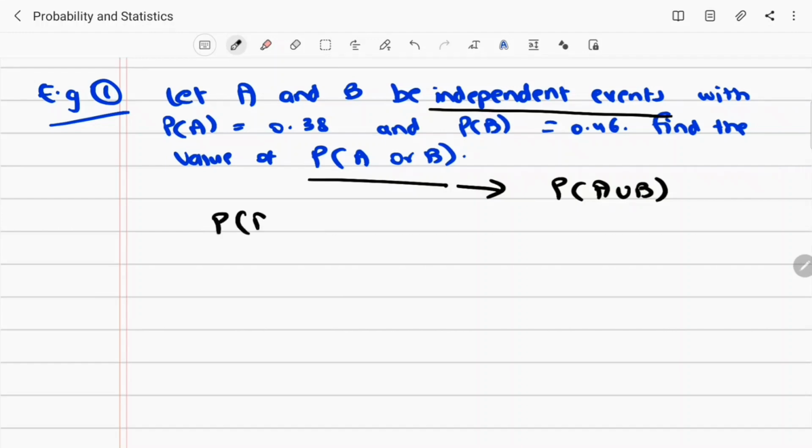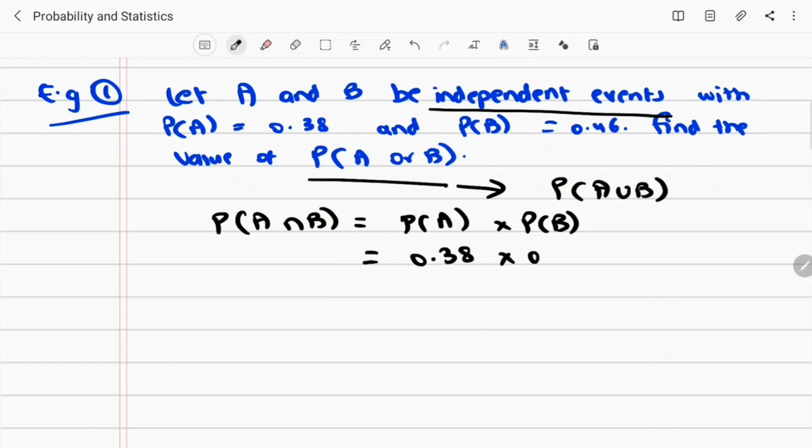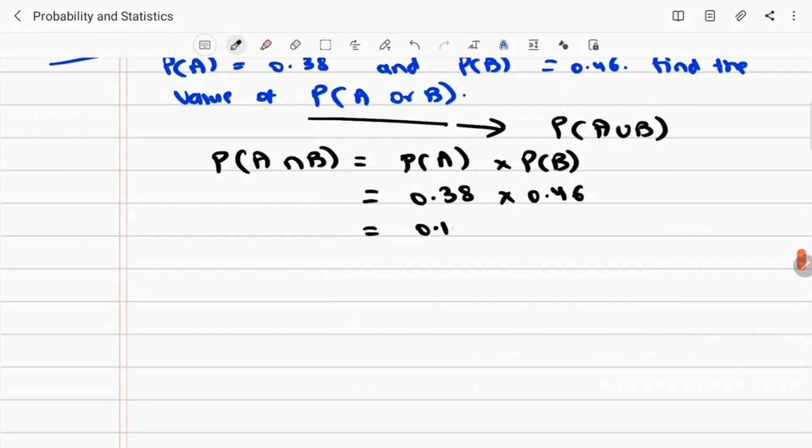So this means that A intersection B would be probability of A multiplied by probability of B. Therefore, the intersection will be 0.38 multiplied by 0.46, which will give us a value of 0.1748.